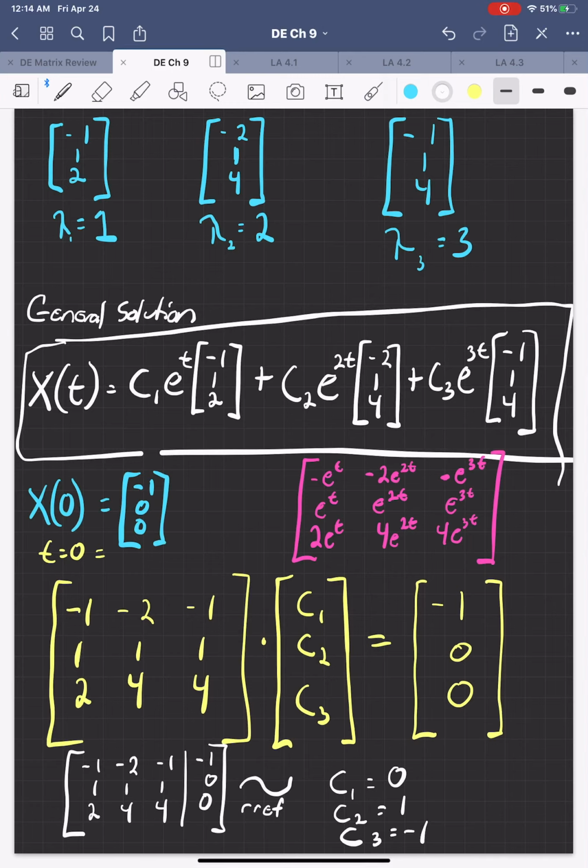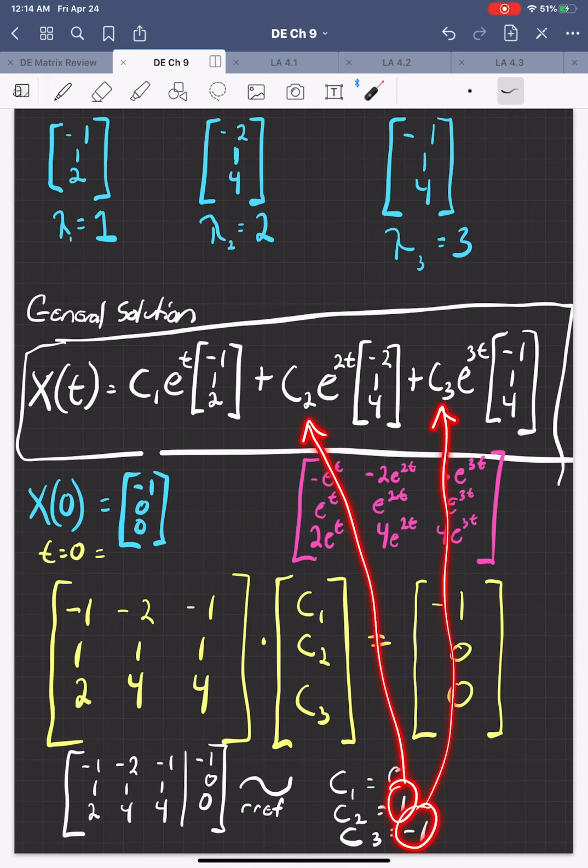All right, so I hope that you were able to follow me through that. The only thing left is we just don't want to be sloppy with our work, right? I mean, you were asked to find the particular solution. You have everything that you need. It's all sitting here. But you need to go back and plug 0 in for C sub 1, and 1 in for C sub 2, and negative 1 in for C sub 3.